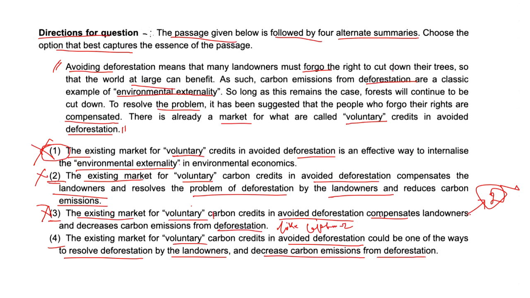So this uses more conditional and suggestive language. It acknowledges the potential role of the existing market for voluntary credits in addressing deforestation and reducing carbon emissions without making absolute claims.